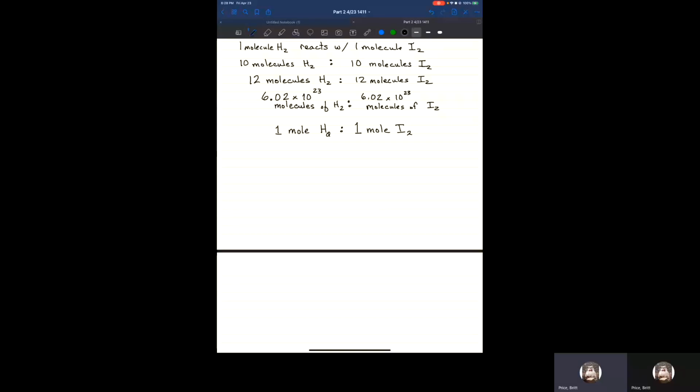So our mole ratio is going to let us look at a relationship between any two pieces, any two different things.